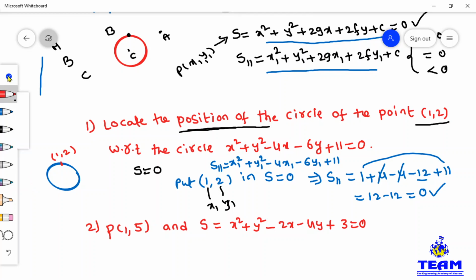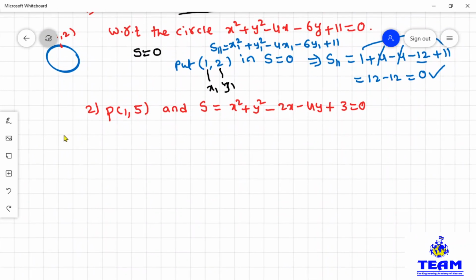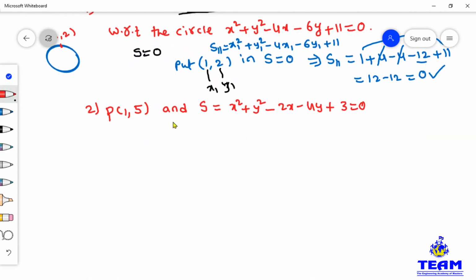Another problem: we have P as the point 1 comma 5 and circle S is x square plus y square minus 2x minus 4y plus 3 is equal to 0. Then we need to find the location of the point on this xy plane with respect to the circle. Friends, write down first S11.